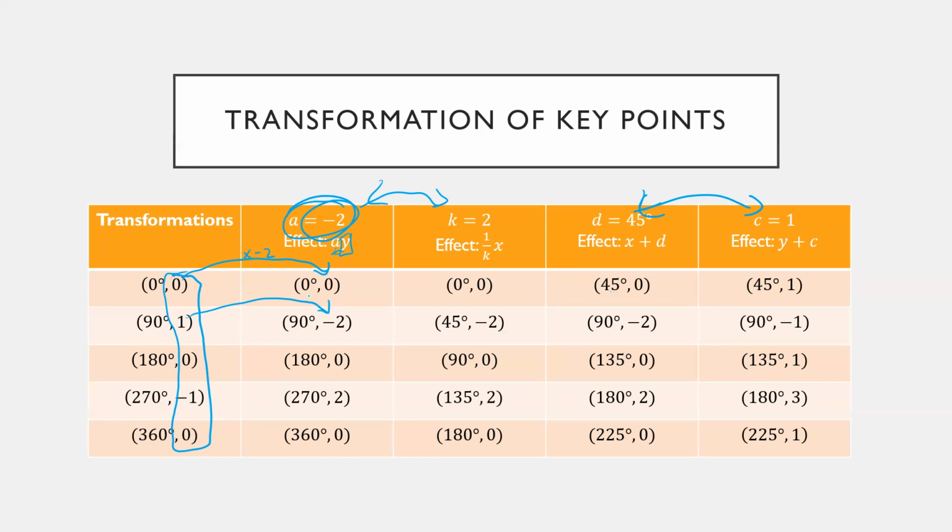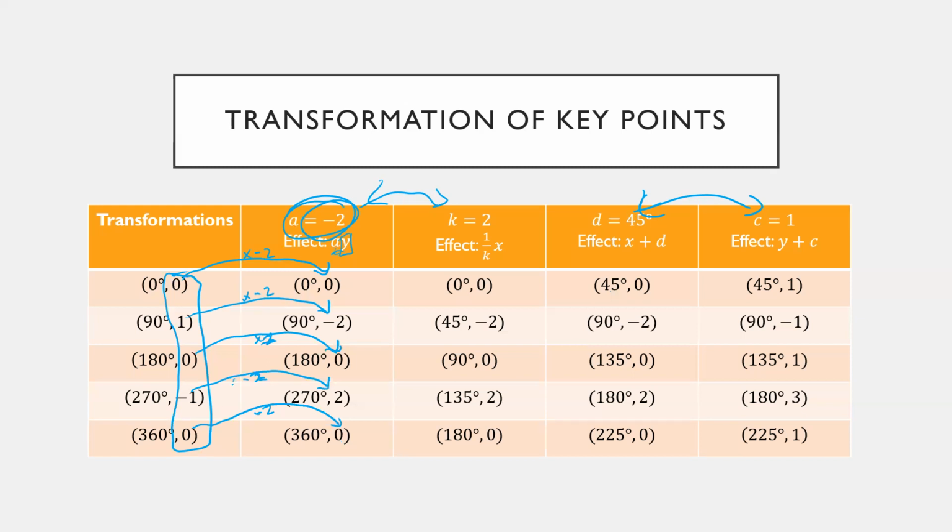Then I take 1 and multiply by -2, that gives me -2. Then I take 0 and I multiply by -2, that gives me 0. And I take -1 and I multiply by -2, that gives me +2. And then I take 0 and I multiply by -2, and that gives me 0. So pretty simple so far, right? All I'm doing is taking my Y value and multiplying by -2.